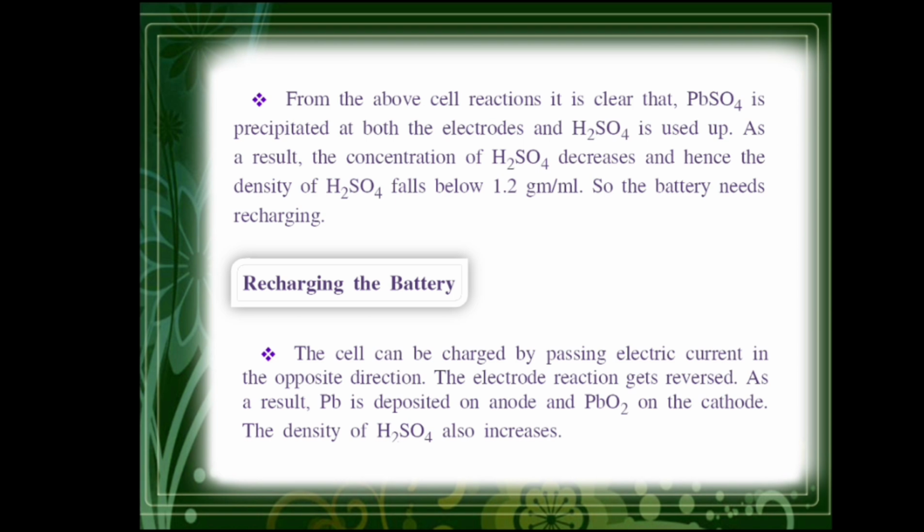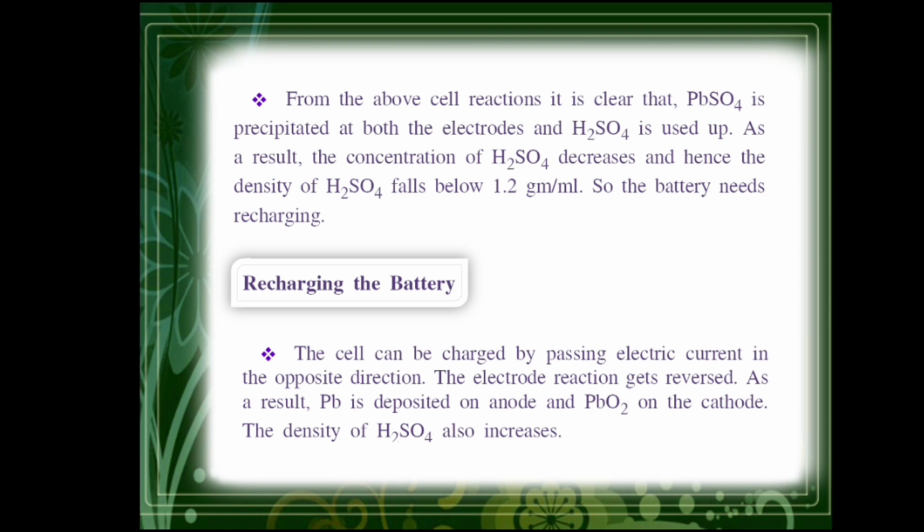How to recharge the battery? Let us see. The cell can be charged by passing electric current in the opposite direction. The electrode reaction gets reversed. As a result, lead is deposited on the anode and lead oxide on the cathode.